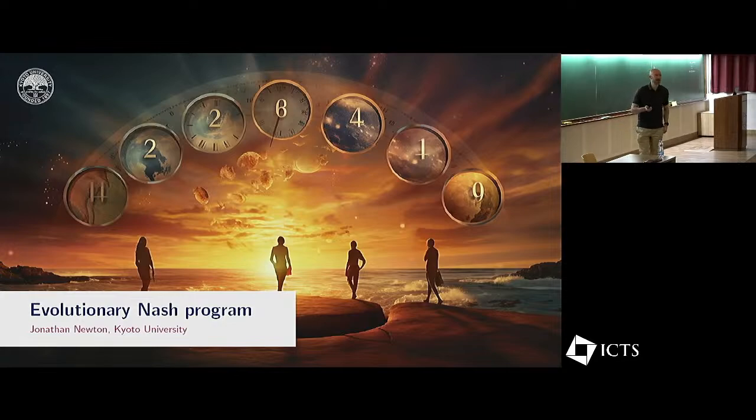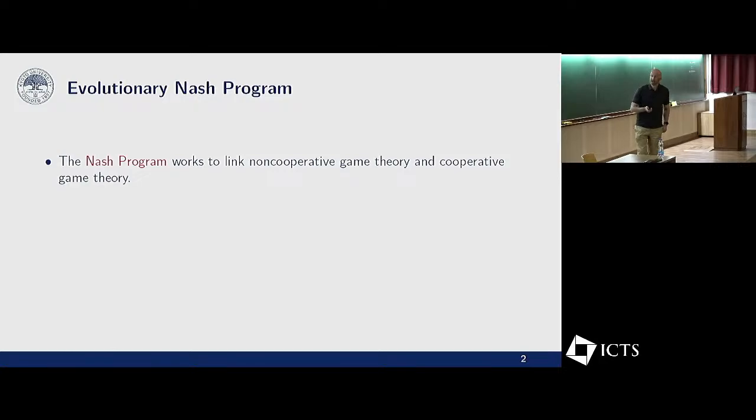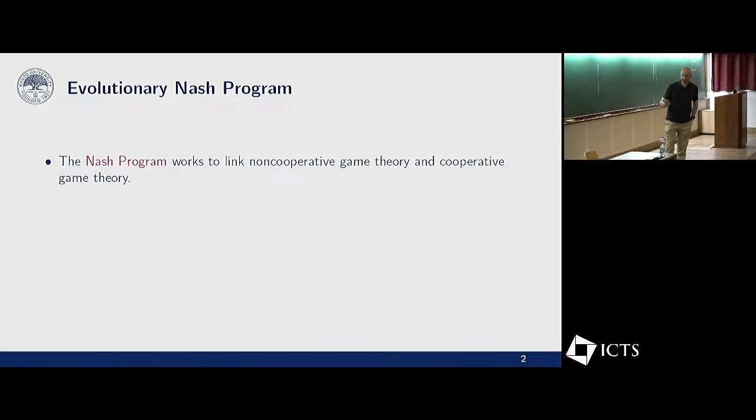What do I mean by that? Why do I say that? Well, the Nash program is a name that's been given to work that links non-cooperative game theory to cooperative game theory.